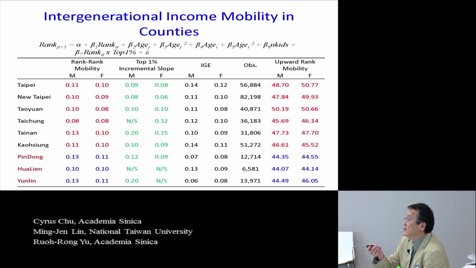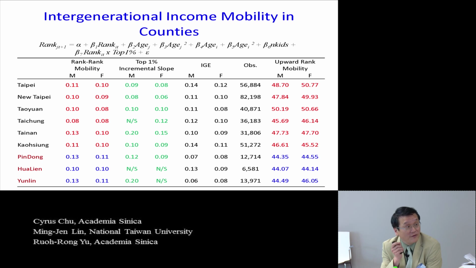The second is that we check if there's any additional help from the father being in the top 1%. Chetty claimed that the rank relationship is linear, but it turns out that in Taiwan, the very rich group has an additional effect. It doesn't look linear for the very rich.